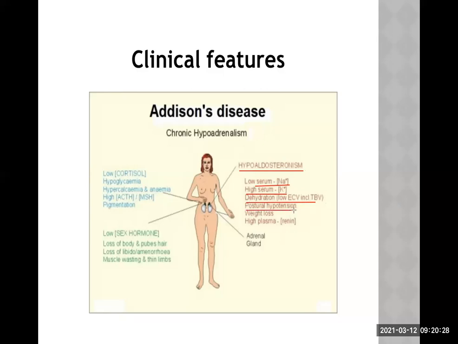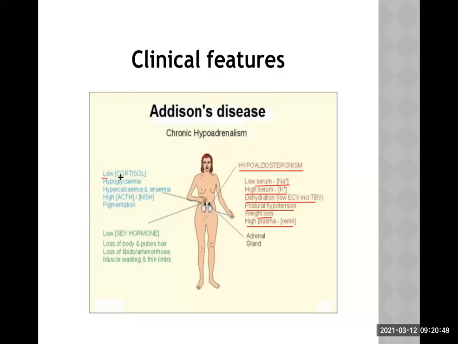Postural hypotension occurs quite commonly. Weight loss occurs because of dehydration and fluid loss, and there is high plasma renin because of low negative feedback, or because of the compensatory mechanism also, you can give that type of reason here.